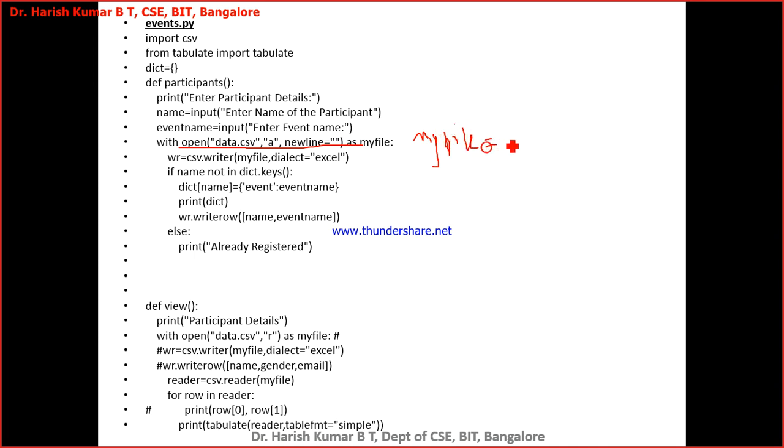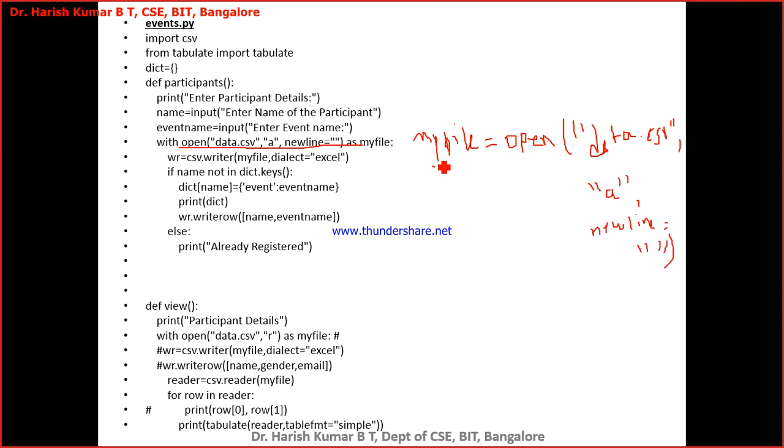My file is equal to open data.csv in double quotes, I close it, comma, in what mode? Append mode, comma, newline is equal to open double quote, close double quote.